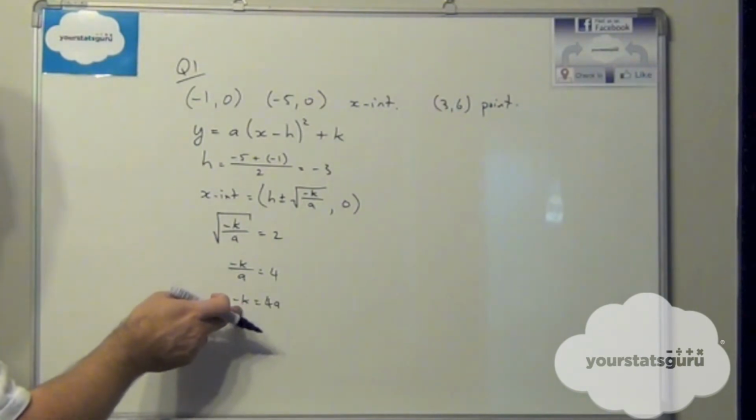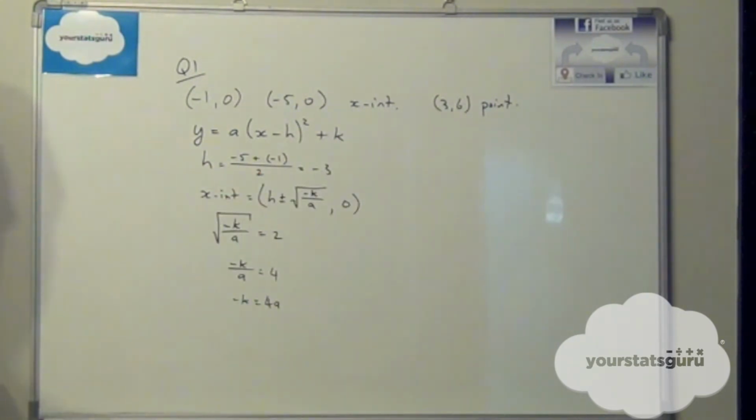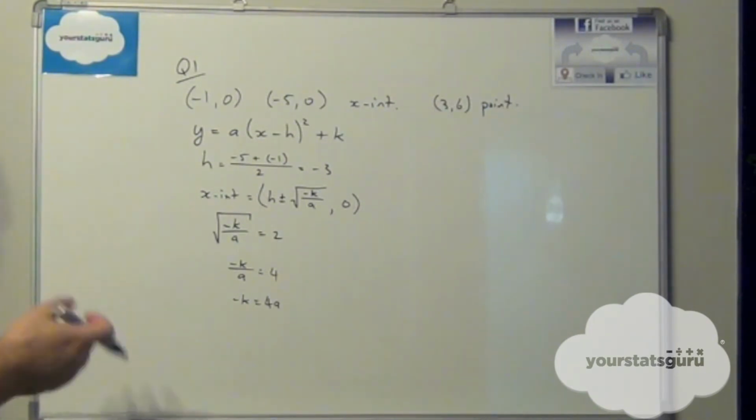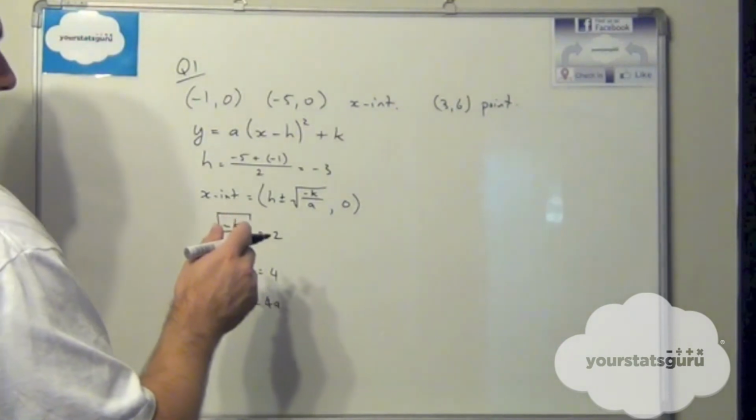Now that we have that, we can use that information along with the one point we haven't used, substituting into the general equation, and we can find the value of a, and then hence find the value of k. So we start by finding the value of a.